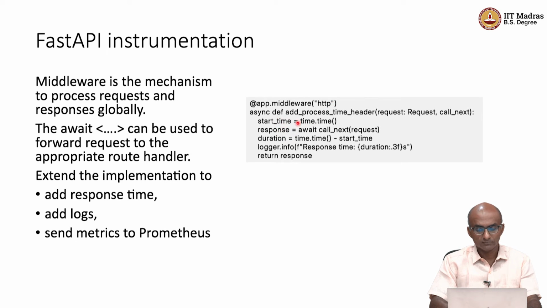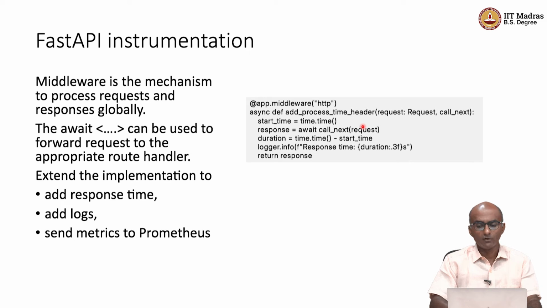So basically get the start time, then do the actual request itself. And when I do the actual request, I execute a special command called call next and give it the request. The call next basically is a reference to the actual endpoint that's being requested in that request. Like for instance, in our case, it's Predict.